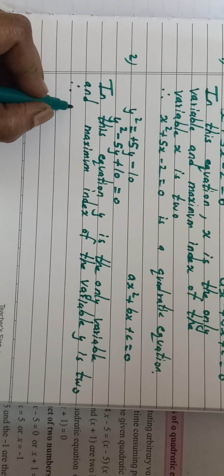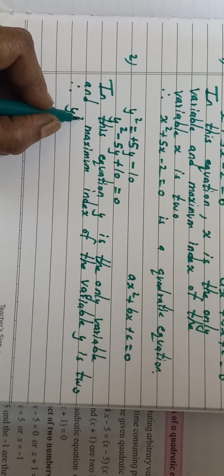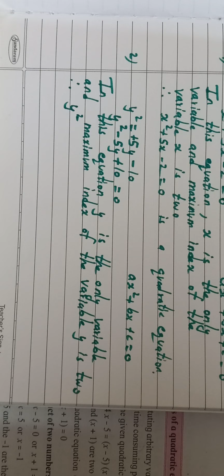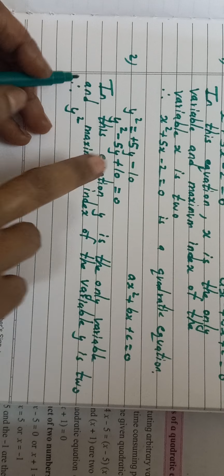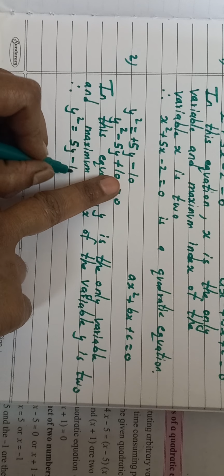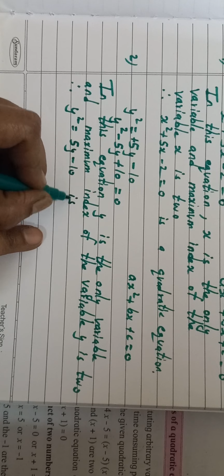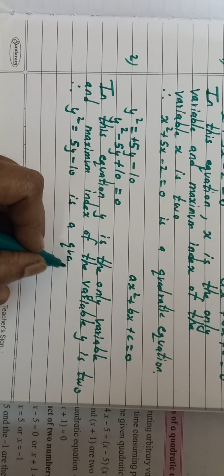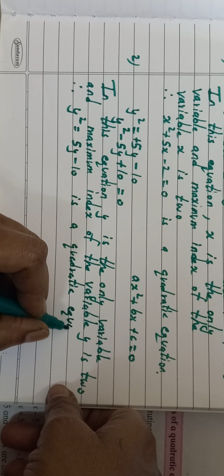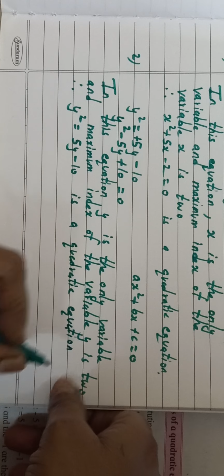Therefore, they have asked: y square is equal to 5y minus 10, is it a quadratic equation? So what we will write is, yes, it is a quadratic equation. You can write, therefore y square is equal to 5y minus 10 is a quadratic equation. You can write like this also: therefore, the given equation is a quadratic equation. That way also it will do.